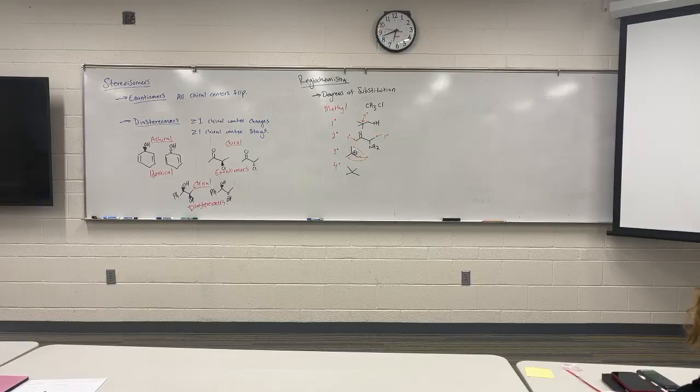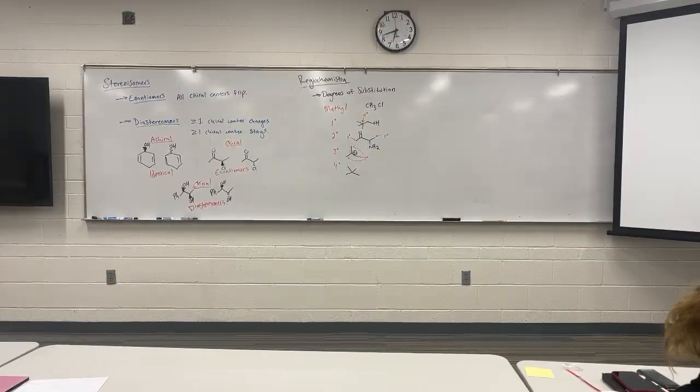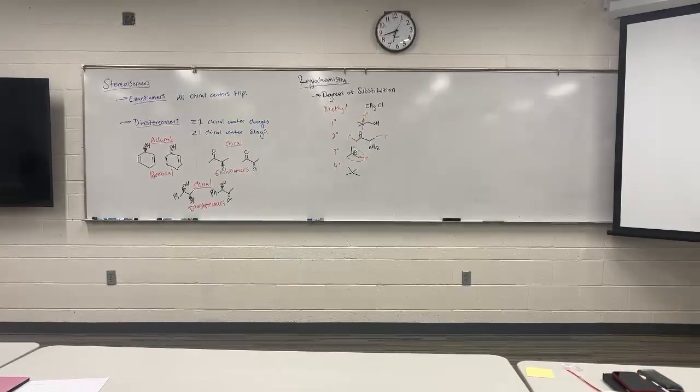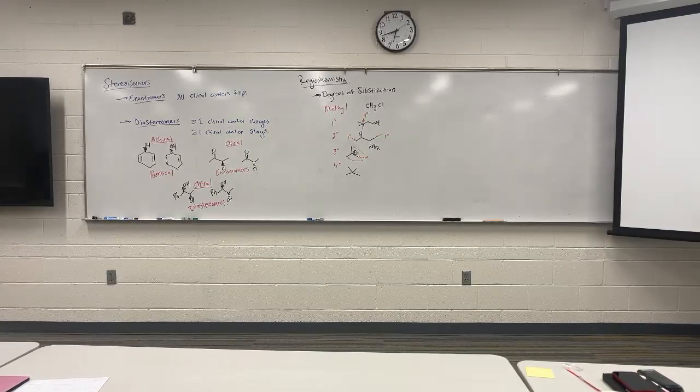It's a methyl group, but it's not a methyl carbon. And then this one is connected to 4 other carbons. This one's not a methyl group. 4 other carbons, so quaternary. This carbon is not bonded to any other carbons, so it's a methyl carbon.